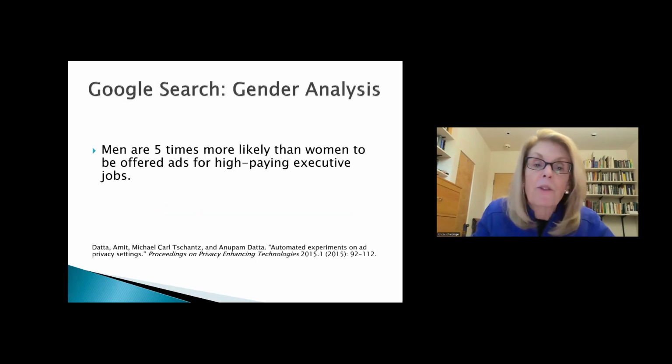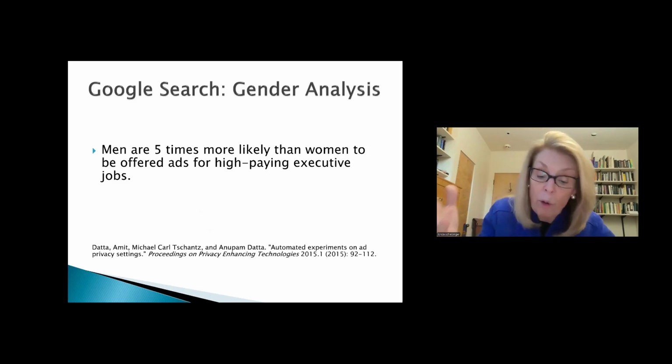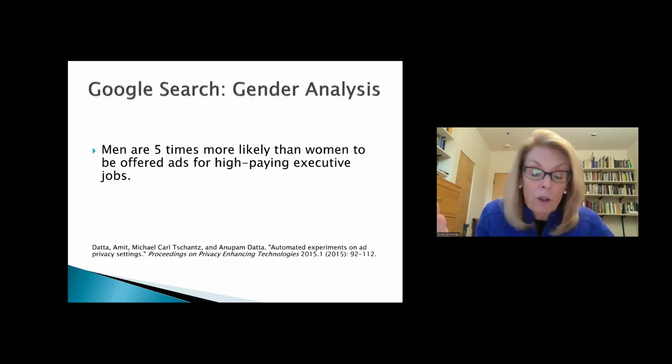So let's start with single issue approaches. First we have the single issue approach of gender analysis, which is very important, but it's a single issue approach. I take the example of search engines. In Google search, let's say you're looking for jobs. In the search results that appear, men are 5 times more likely than women to be offered ads for high-paying executive jobs.